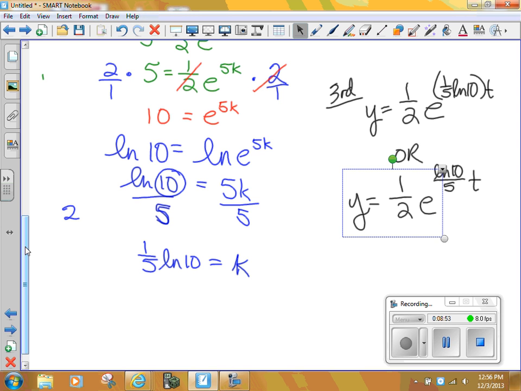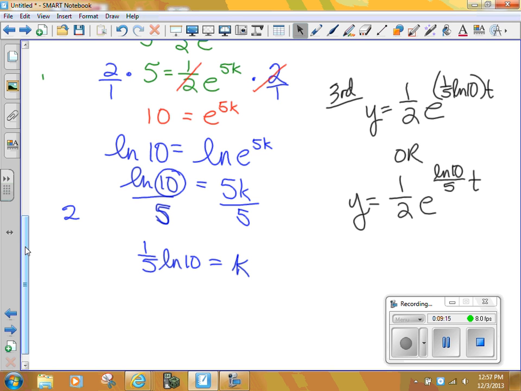And plug another t value, and it would give you another y. I just have to have the y and the t for my final equation.